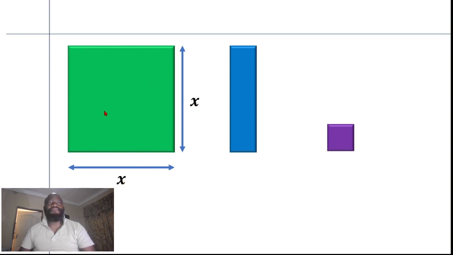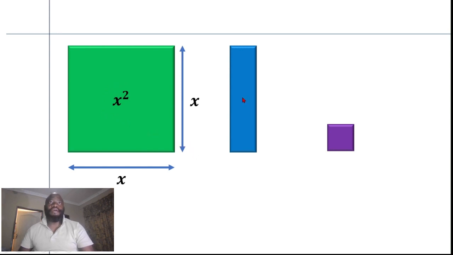So the area of the square is x squared. Now, in an expression where we have x squared, we would think that this green square represents that x squared term.